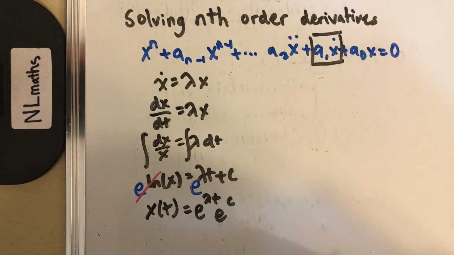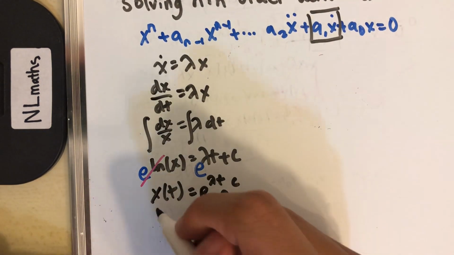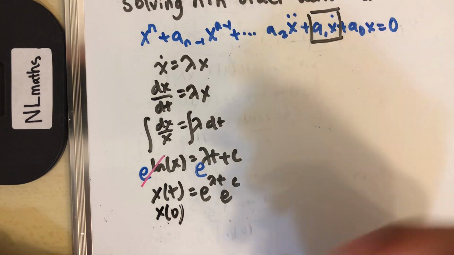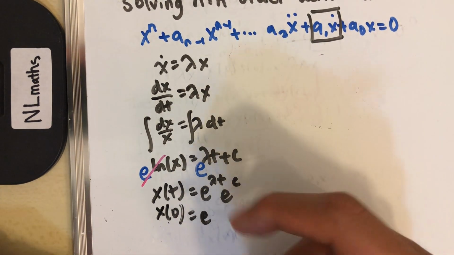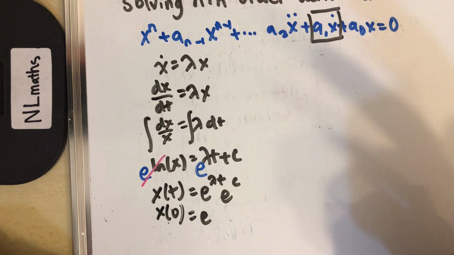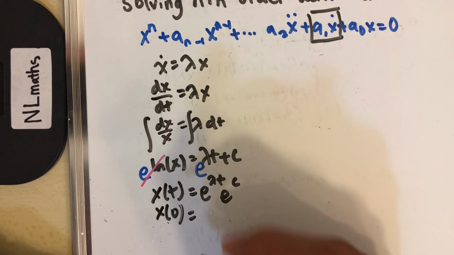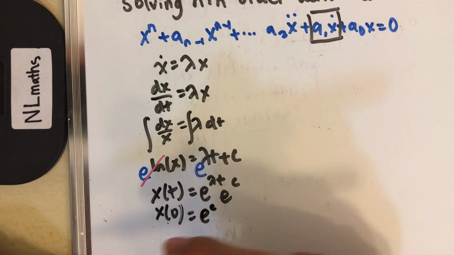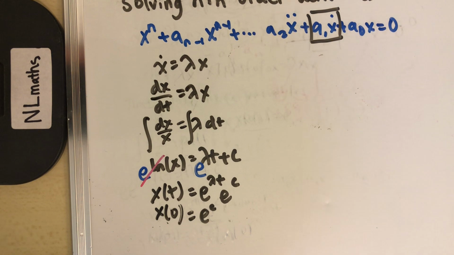Okay, so now let's say we have initial conditions x of 0. Then we have x of 0 equals e, but t is going to go to 0. So that's e to the lambda times 0, which is 0, and e to the 0 is 1. So I can delete that, and we have e to the c. So the initial condition will be this constant e to the c, and that depends on, of course, this equation.